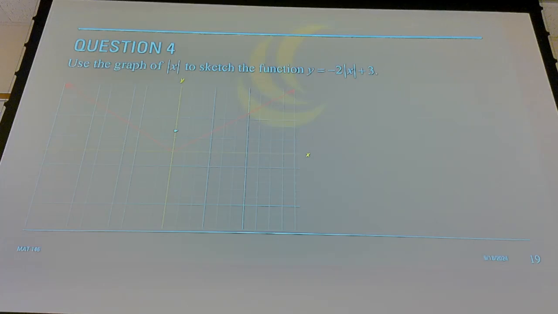Right, so try and visualize. We're going to ignore the reflection. Try and visualize the red and how it would look if you stretch it. Would it be wider? The slopes would get steeper if you're stretching it vertically.